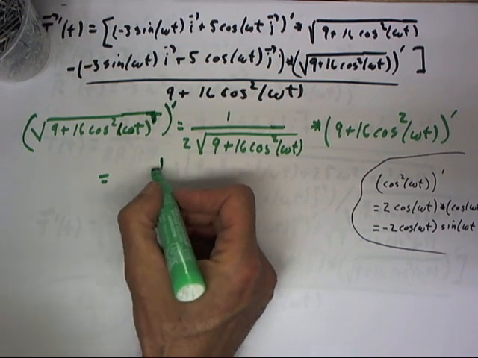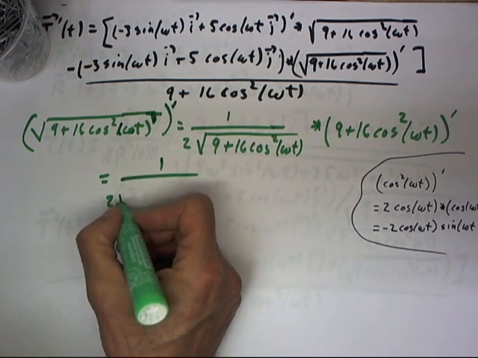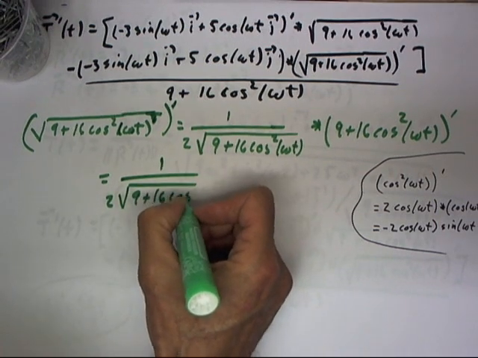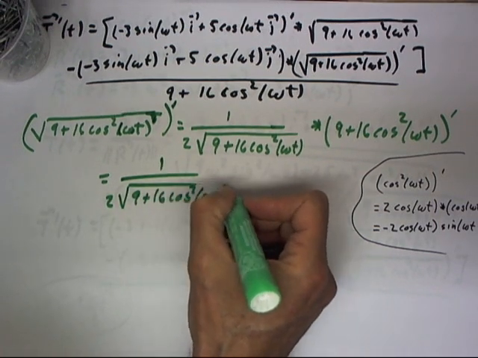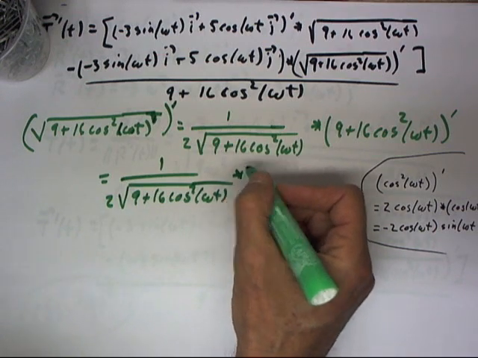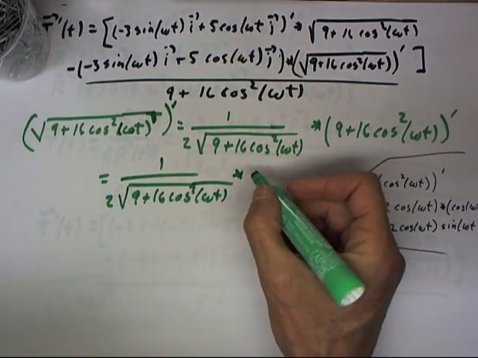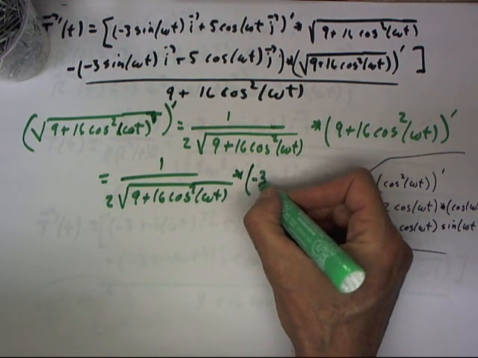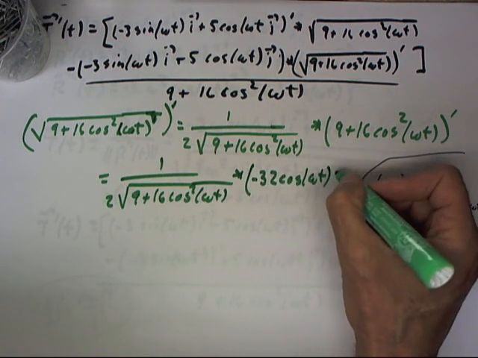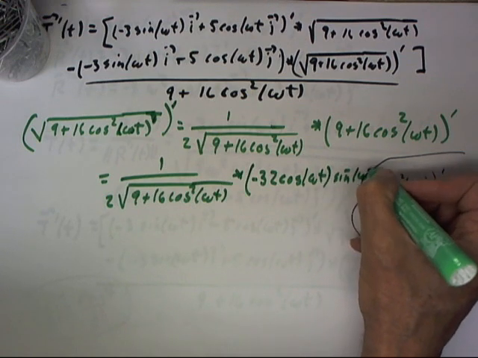We get 1 over 2 times the square root of 9 plus 16 cosine squared of omega t, multiplied by the derivative of this, which we've seen now to be negative 32 cosine of omega t sine of omega t.